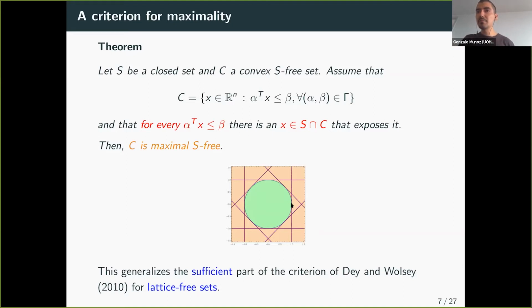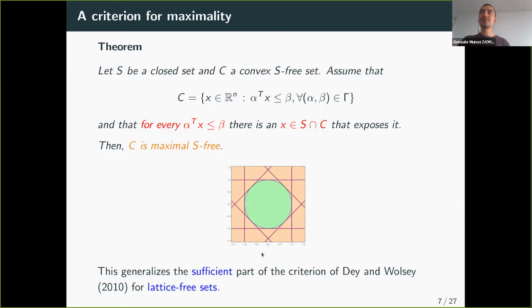I look at the exposing point, or I search for an exposing point of that inequality that is in the intersection of S, the orange region, and C, the green region. If I can do that for all the inequalities, then it's maximal S-free. Okay, and this is only a sufficient condition, by the way.